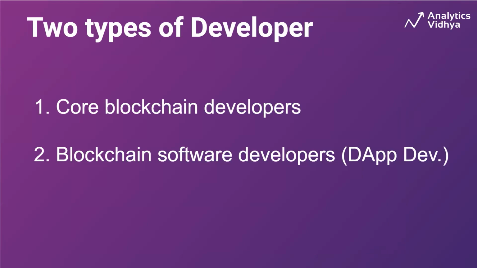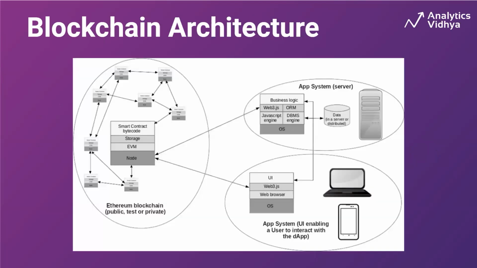There are two types of developers available: the core blockchain developer and the blockchain software developer, meaning the dev developer. You are all developers, and currently the blockchain industry is booming, so you might want to shift into the blockchain domain. So what exactly are the roles of the core blockchain developer, and what do dev developers do? The core blockchain developer has the responsibility of working on the blockchain at the core level, like what the blockchain architecture is.